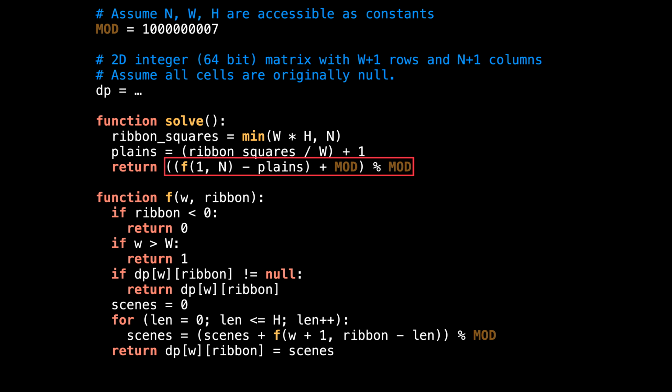After we get an answer for the total number of scenes, remove the number of plane scenes and apply the mod. Even though the answer returned from the recursive function is mod 10 to the power of 9 plus 7, subtracting the number of planes could make the answer negative, which we want to avoid. So to avoid that, I add the mod and mod again. This ensures that the result is always between 0 and 10 to the 9 plus 7, non-inclusive.